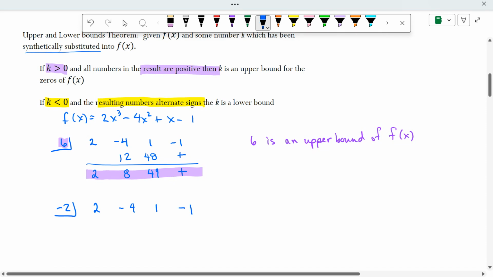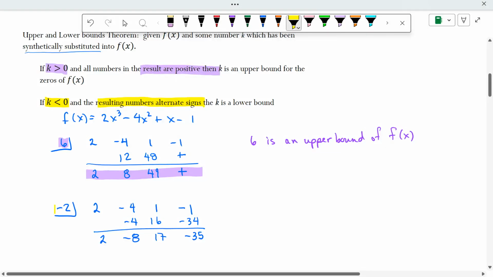It's just that we can't test a positive number for a lower bound. So here if I do 2 times negative 2, I get negative 4. Add them is negative 8. Negative 2 times negative 8 is positive 16. I get positive 17. Negative 2 times 17 is negative 34, plus negative 1 is negative 35.